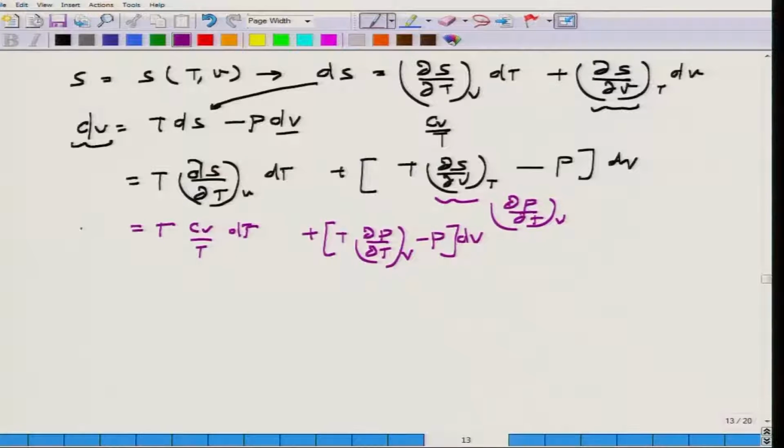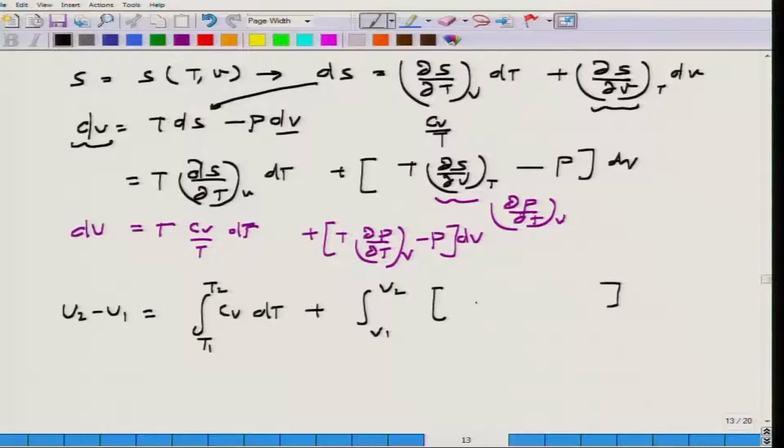So this is nothing but your dU. It contains a constant volume term here, and this will be your constant temperature term. When you integrate this to get your change in internal energy, this is going to be the integral of CV dT from T1 to T2, plus the integral from V1 to V2 of T del P by del T at constant V minus P dV. So here of course the initial state was T1, V1 and we went to T2, V2.